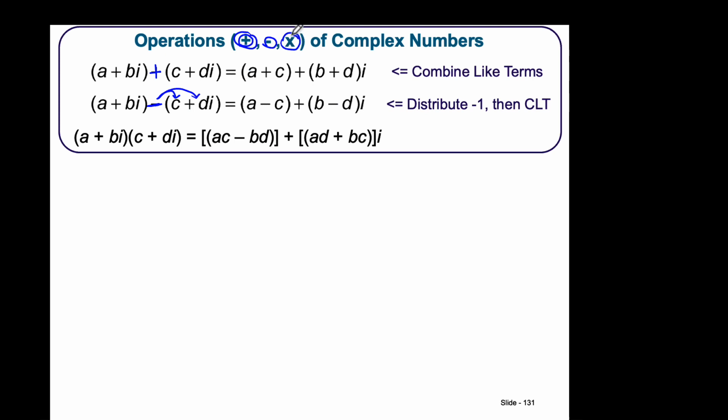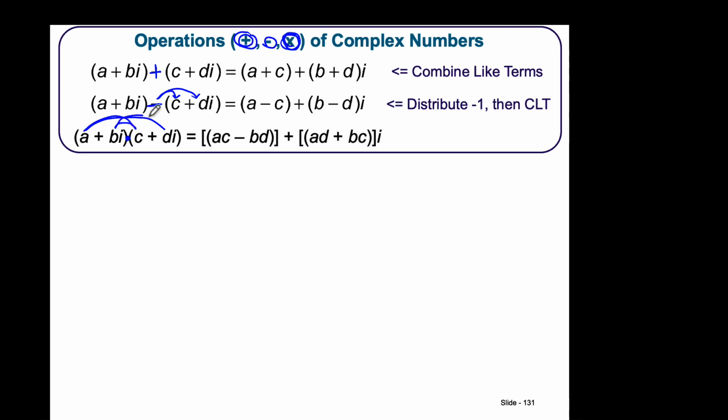Third operation of complex numbers, multiplication. So there's an invisible multiplication sign right here. You can go ahead and distribute this. Some people call it FOIL when it's a binomial times a binomial. You can do that. You can do a times c, and this would give us a times di. This would give us cbi. Whoops.